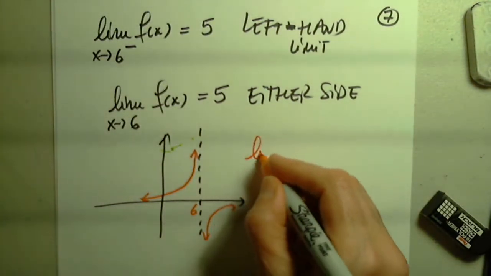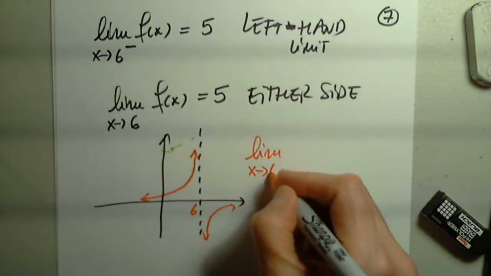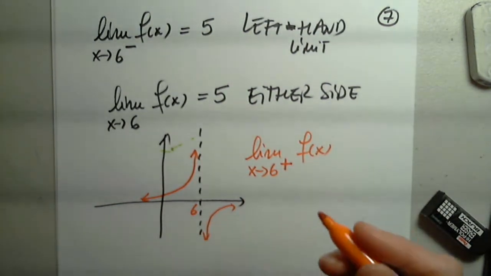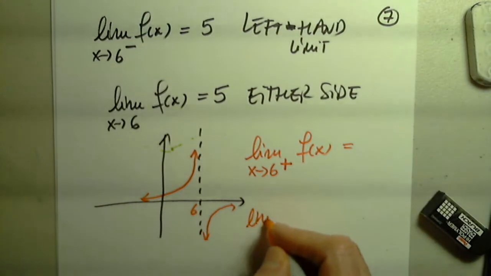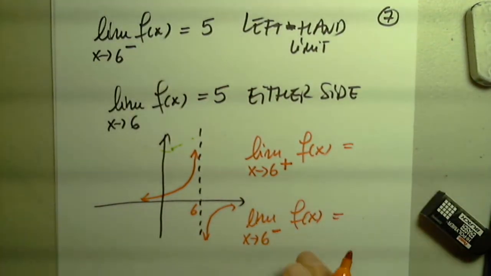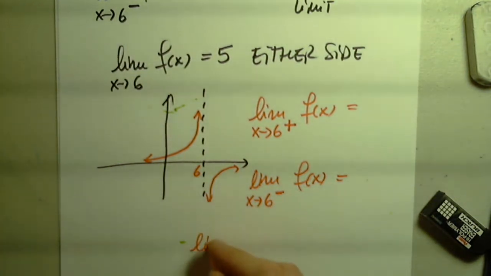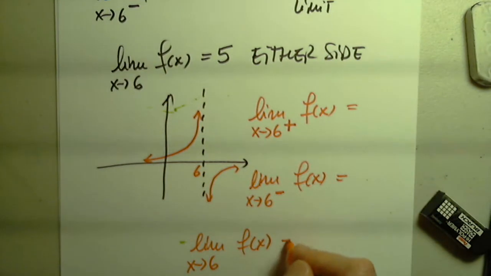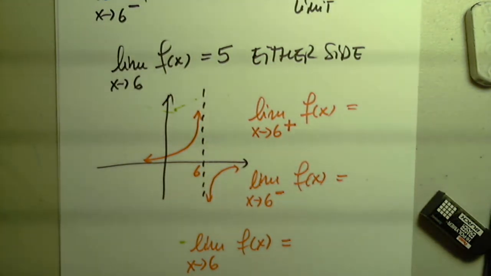So now I would like you to tell me the limit as x approaches 6 from the right of our new function, and the limit as x approaches 6 from the left of this new function, and the limit as x approaches 6 from either side of this new function. What do you think?